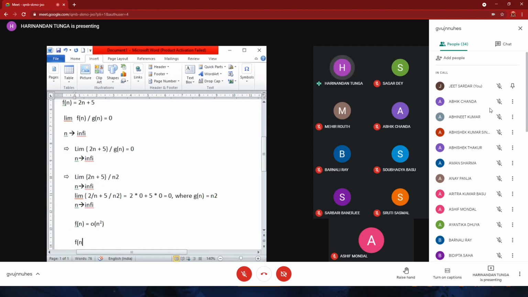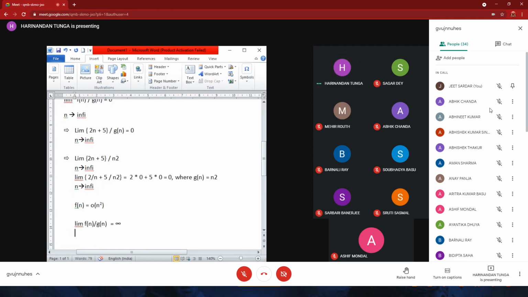If there exists an integer constant, minimum threshold problem size n0 greater than 1, such that the limit n tends to infinity, fn divided by gn equal to infinity. This is the condition of the little omega definition.